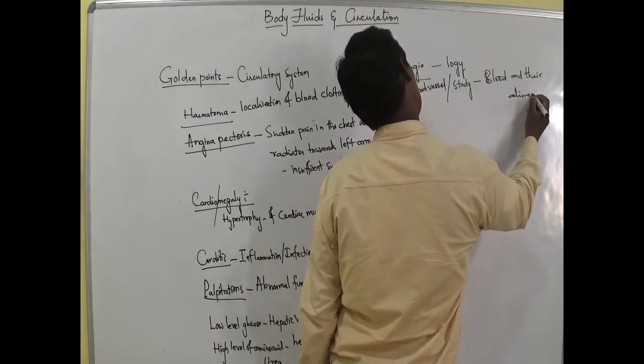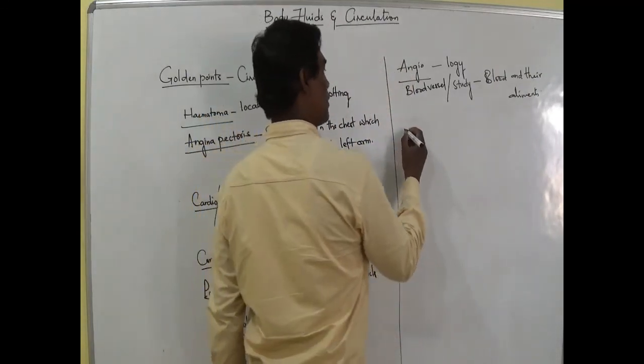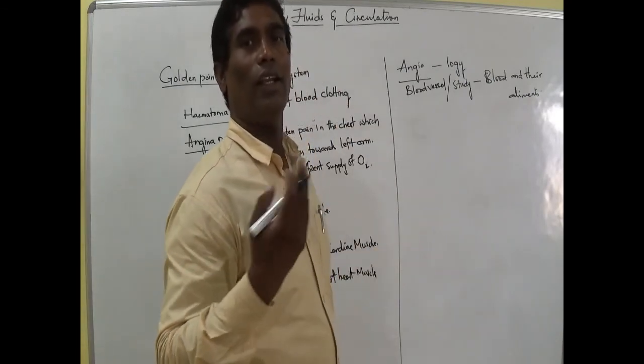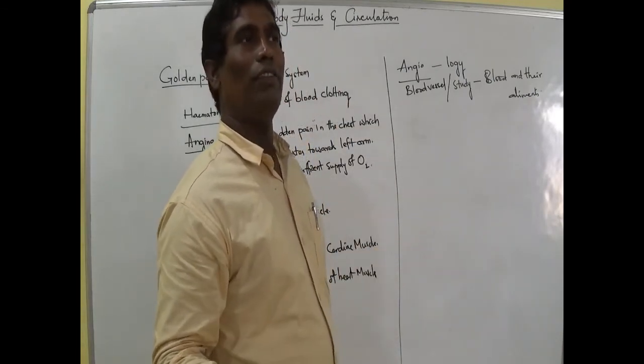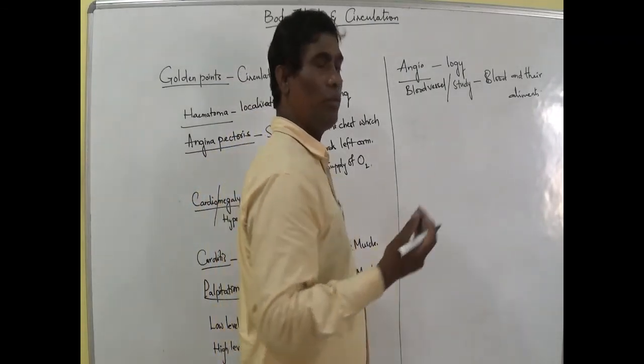One more thing we have to discuss is that blood vessels like arteries and veins also have a muscular layer and a connective fibrous tissue layer, so they do need some blood.